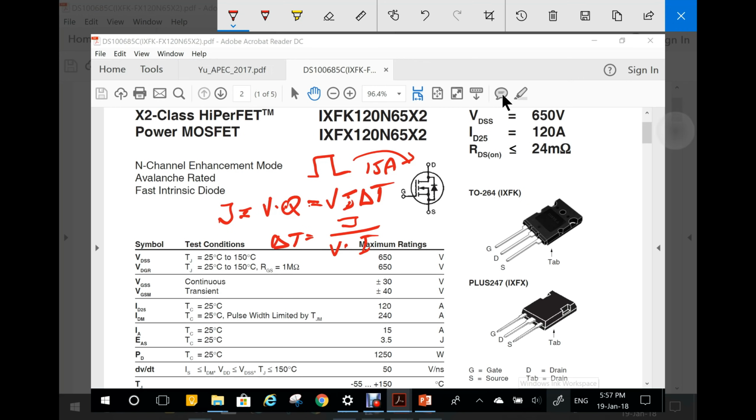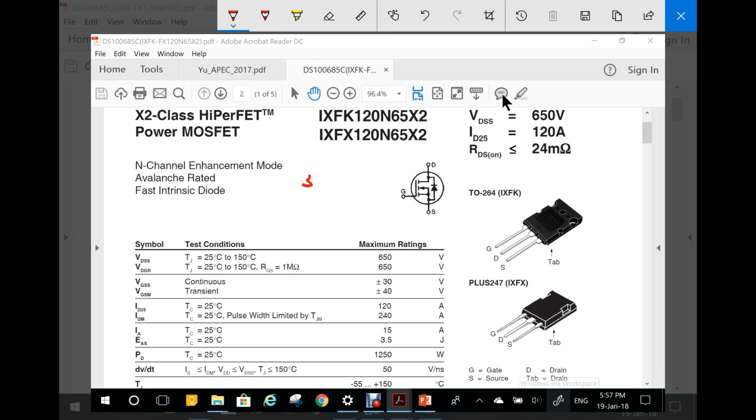So this is 3.5 over 650 times 15. This is the time that this device can tolerate 15 amp when it is in the avalanche mode.